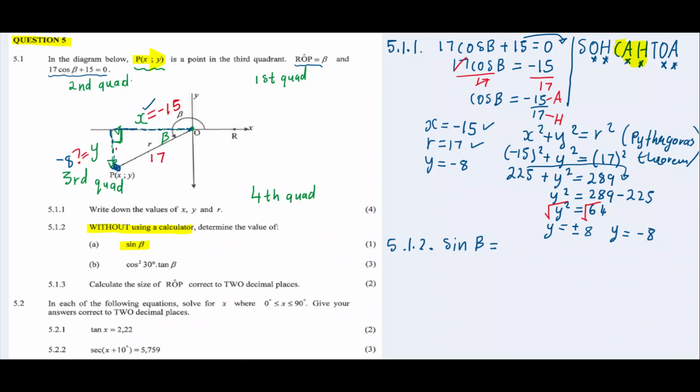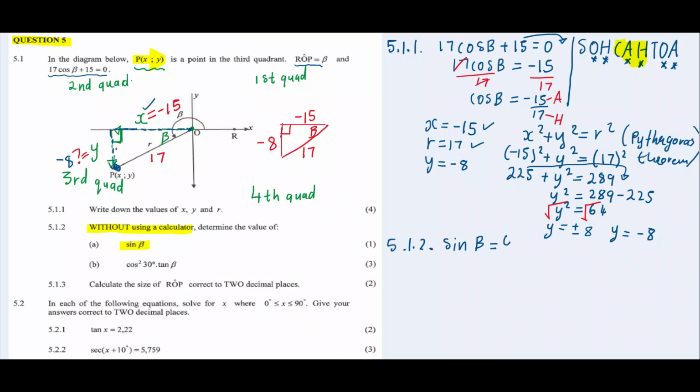So this one is 17. I have a triangle that looks more like this. If you don't mind, you can just redraw the triangle and have the beta angle here with the 90 here, minus 8 and minus 15 here, with the 17 as the hypotenuse side, right?